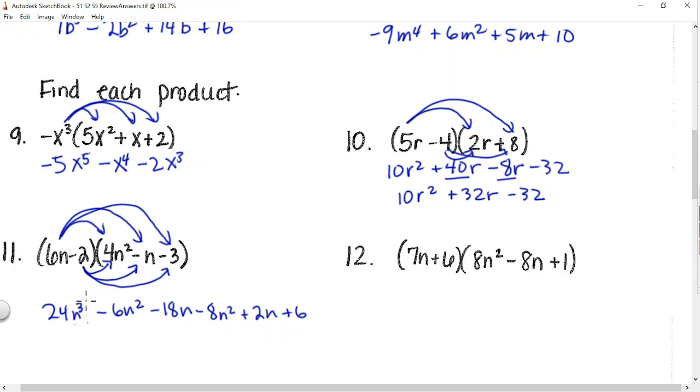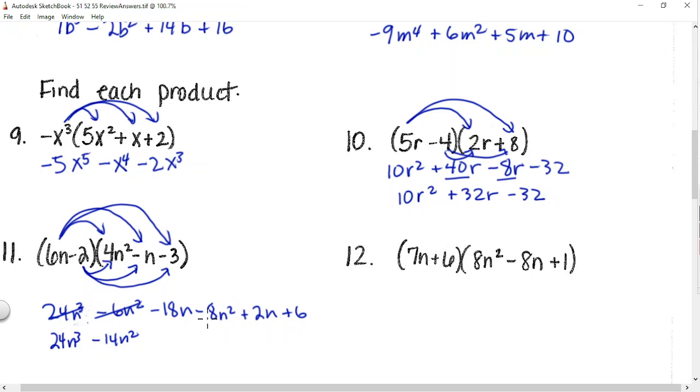Okay. So now we can combine like terms. There's no other n cubes anywhere. So we have 24n cubed. Cross that one off. We look for the n squareds. Well, there's negative 6n squared and negative 8n squared. So that's minus 14n squared.